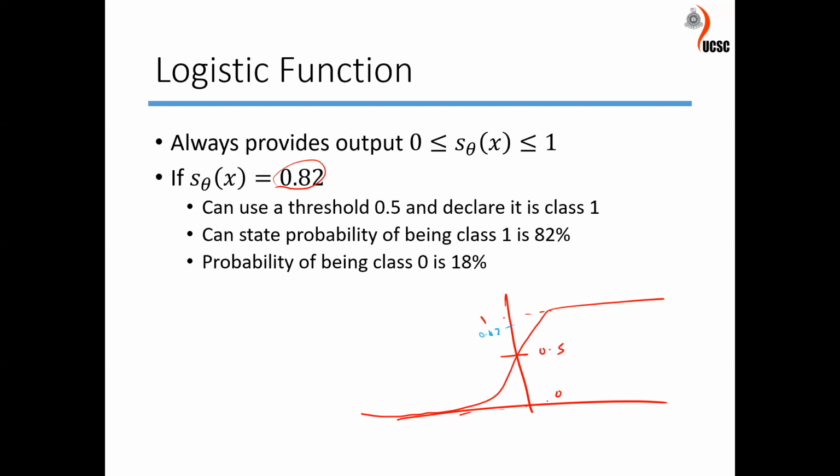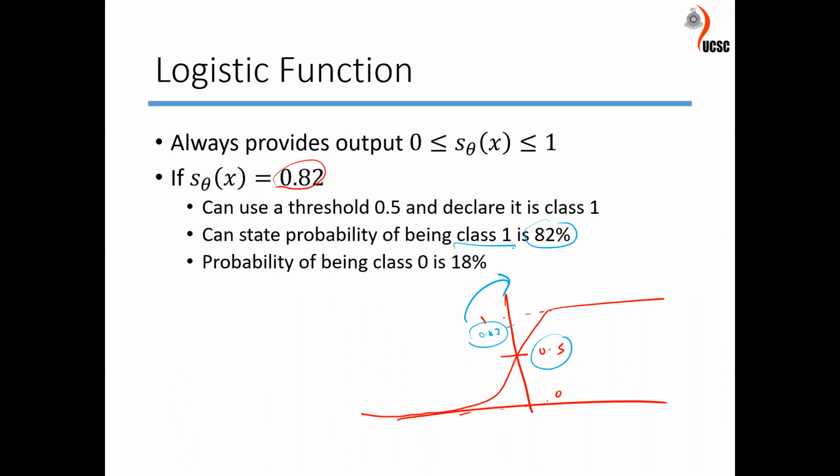So we can use the threshold value as 0.5. Now it's beyond the 0.5, then we can simply put this as class 1. In another form, if you take the probability, you can tell that it has 82% probability to fall under class 1.